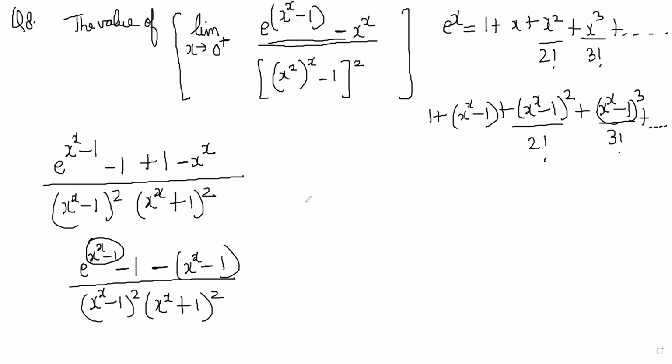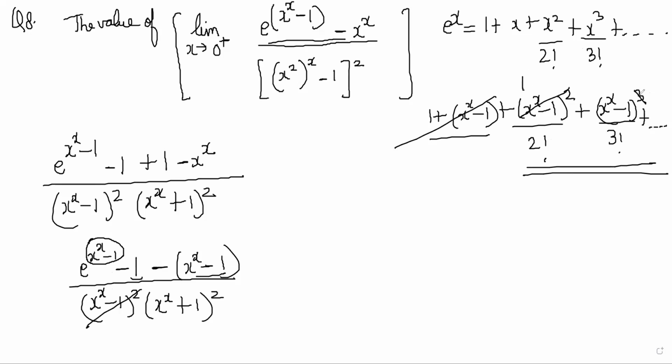And then from there you subtract the first term and the second term, right? So you end up with this part on top, right? And then you divide by x power x minus 1 whole square, so that cancels.